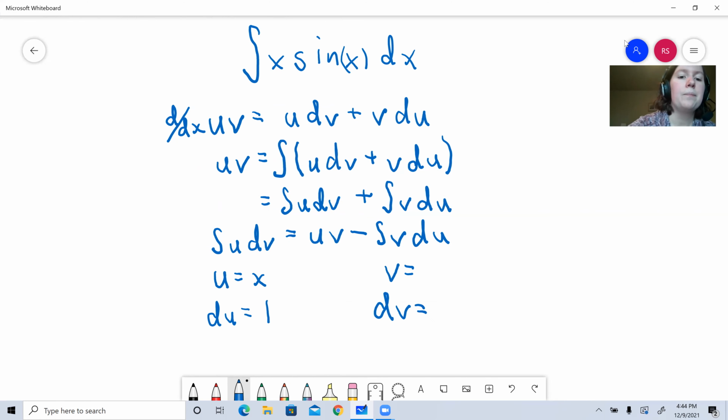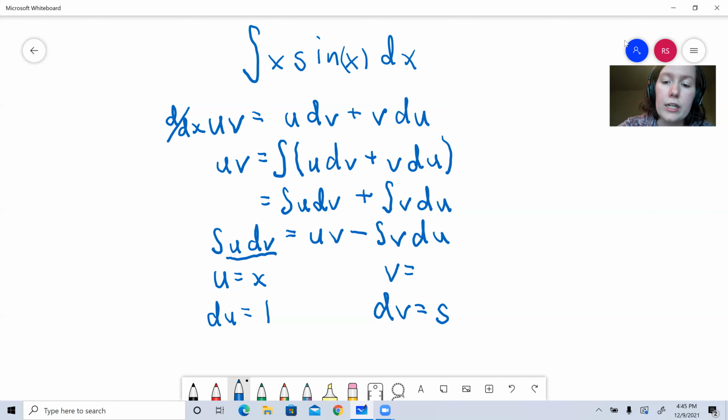Then we can see that the entire function we're integrating is u times dv. So rather than finding v next, we're going to find dv next, and it's just going to be our original function divided by whatever we decided our u was.